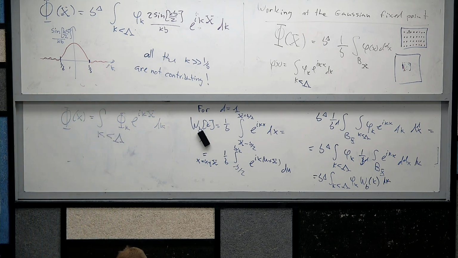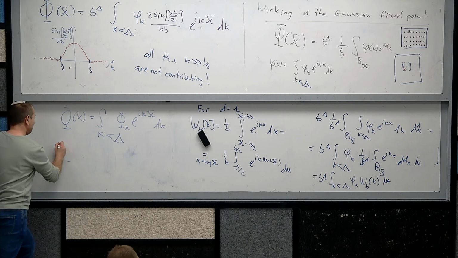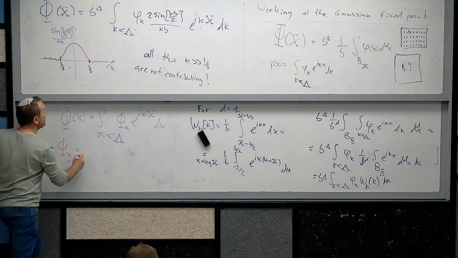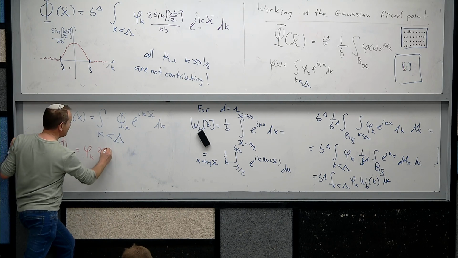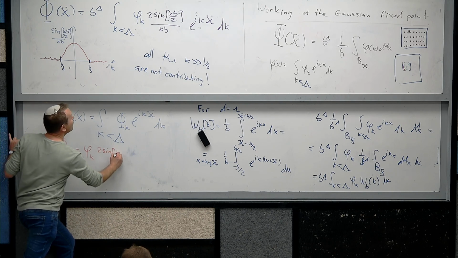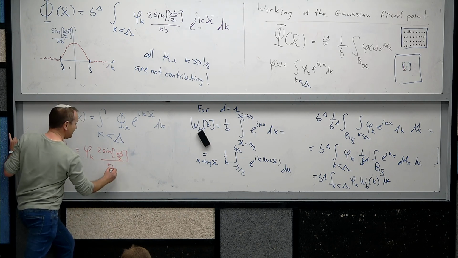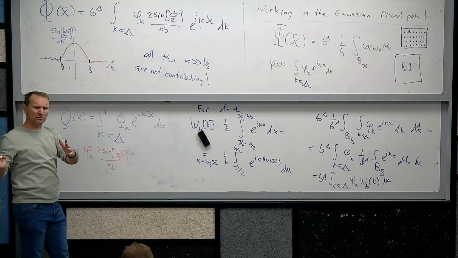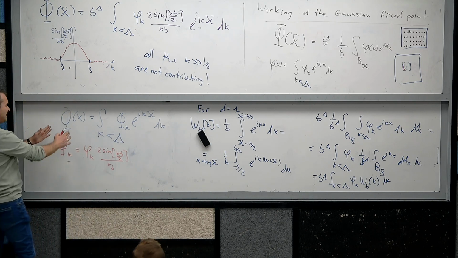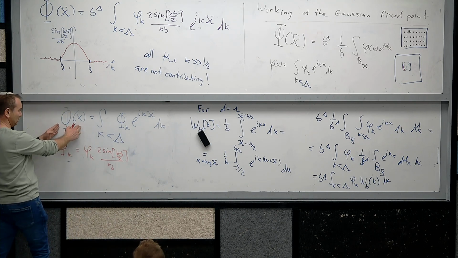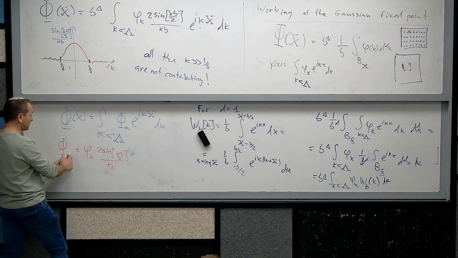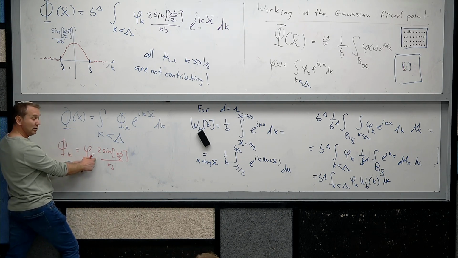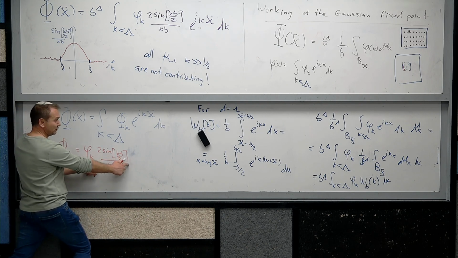So what we see is that phi large of k equals phi of k, at least in 1D, multiplied by 2 sin of kb divided by 2, divided by kb. So if you start from the averaging perspective, it is like taking the Fourier modes of your new field and representing them by old modes multiplied by this filter.